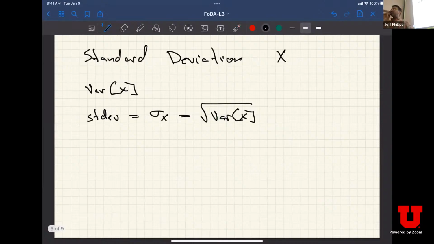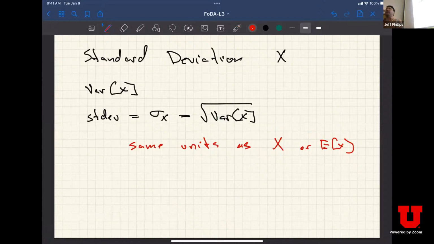The standard deviation has the advantage that it's in the same units as X, or the expected value of X. So if this is over meters, the standard deviation is in the units of meters, whereas the variance is in squared meters, which is weird to think about in the context of height. So I take the square root and I'm thinking about meters again. It's easier to think about the standard deviation.